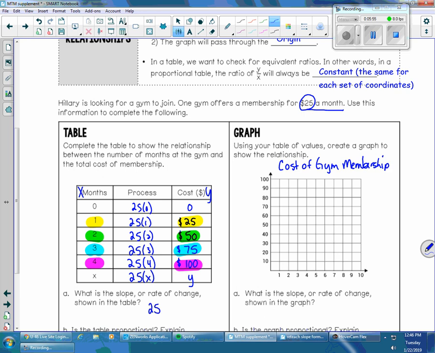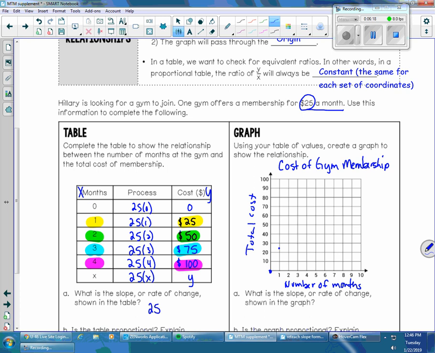My X is showing my number of months, and my Y is showing my total cost. So at 0 months, $0. At 1 month, I go up to halfway between 20 and 30.